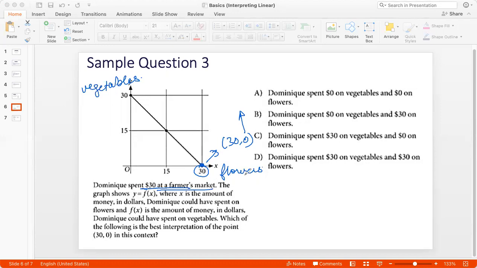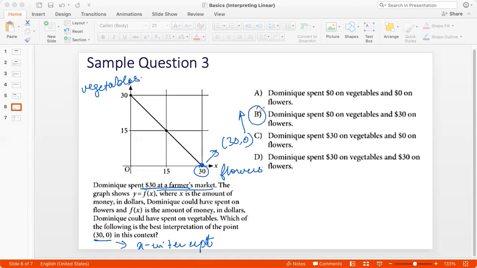So if the entire money, 30, has been spent on flowers, then no money is left for vegetables. So the best interpretation of (30, 0), which happens to be the x-intercept of this graph, is that Dominique spent $0 on vegetables and $30 on flowers.